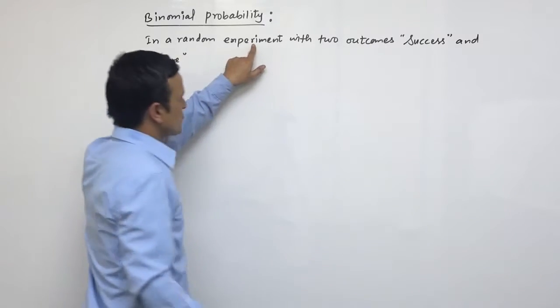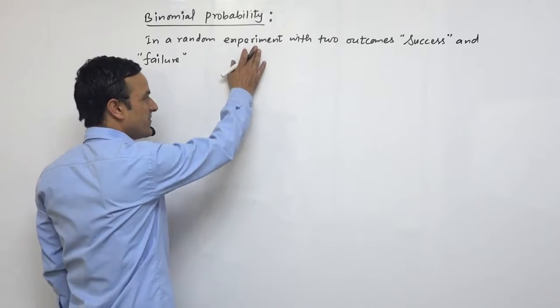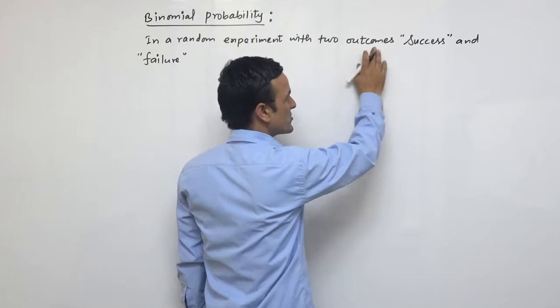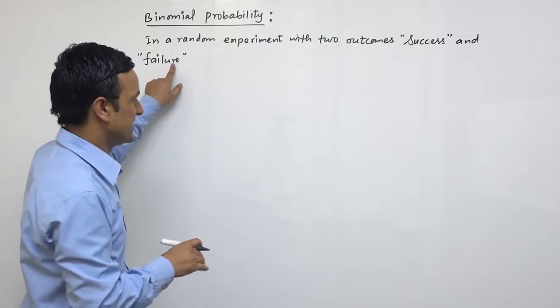When we are doing some experiment, then these will be the possible outcomes. One of the events is success and another event is failure.